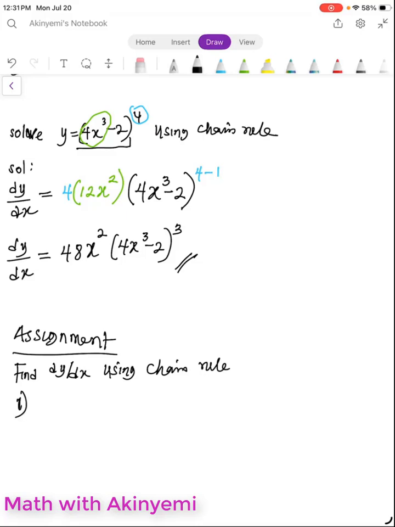Question 1: y equals 8x raised to power 4 minus. We can also do y equals 13x minus 4.